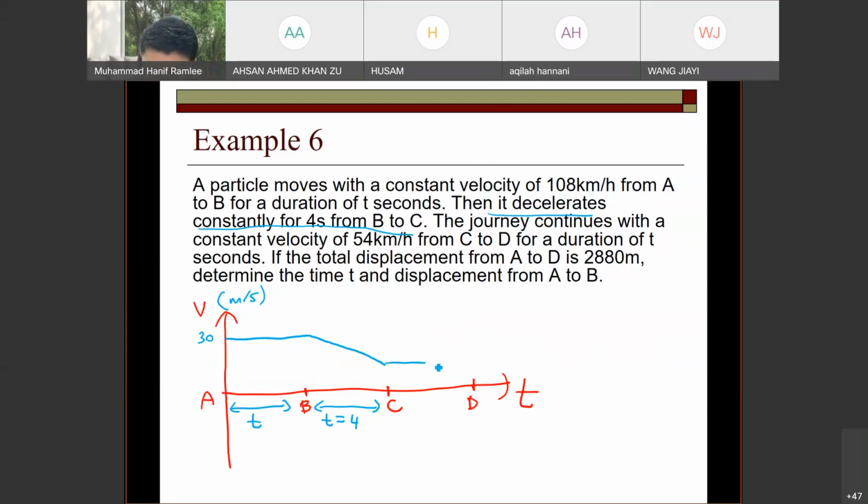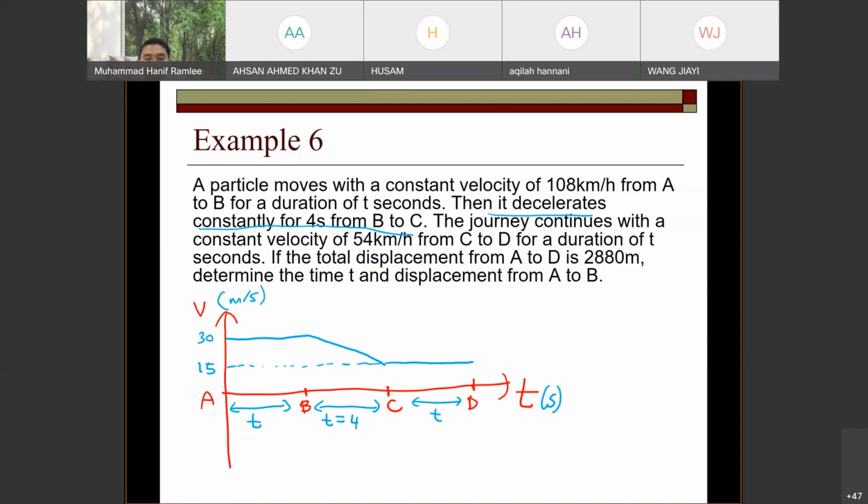So this one is 15. And this T is T seconds. It's not given yet. Okay, this is your VT graph.